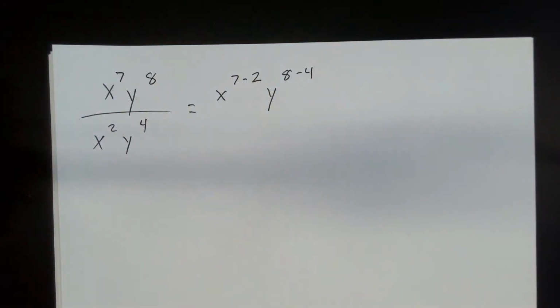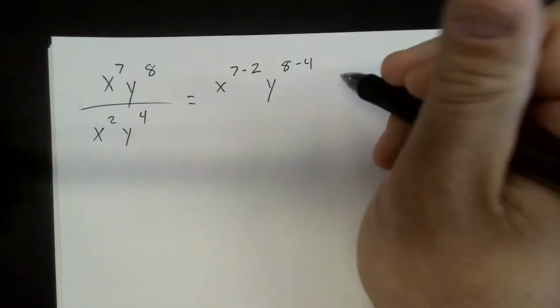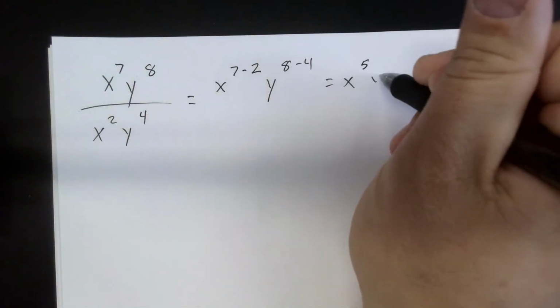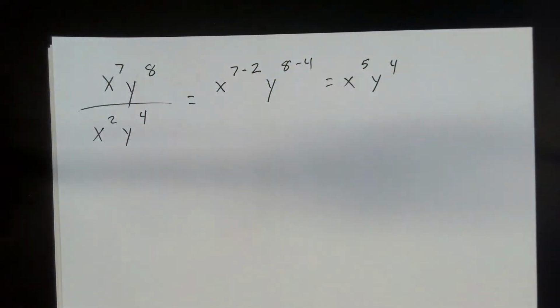Does everyone see that? Now subtraction happens in the numerator, so that's very important you understand that. So we get x to the 5th y to the 4th as our solution. Yeah, it's over 1, but we don't write that.